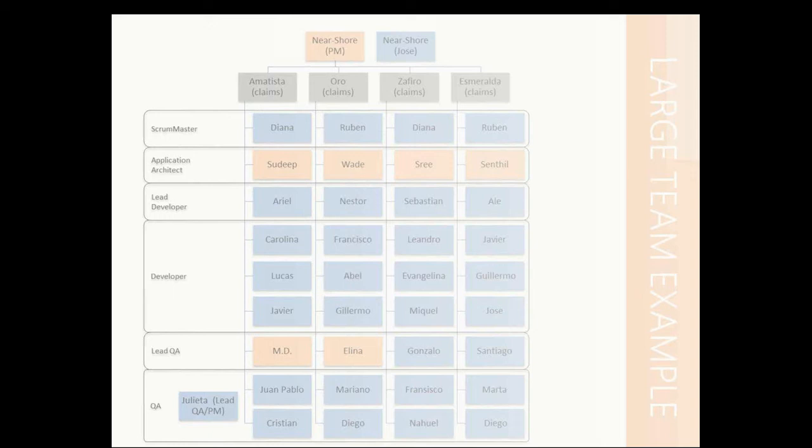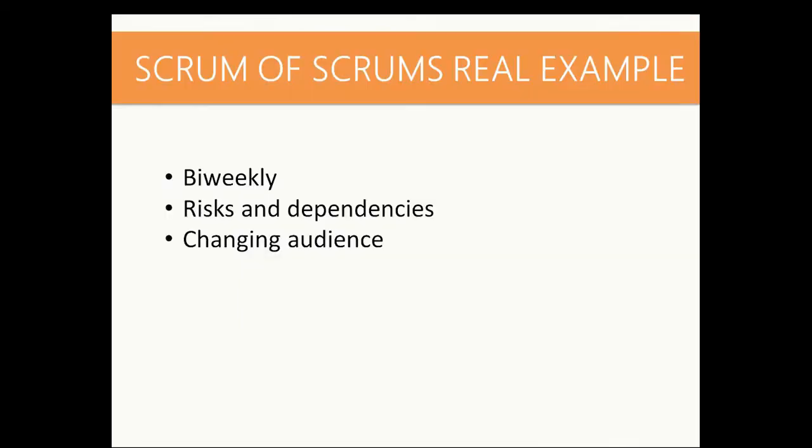Okay. And currently, how do you deal with this? Now, as you can see, we have an example on the screen. We have a similar process. It's based on a bi-weekly meeting. Basically, the regular audience are the Scrum Masters, product owners, and product managers.